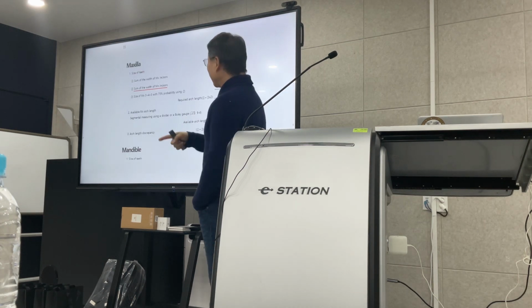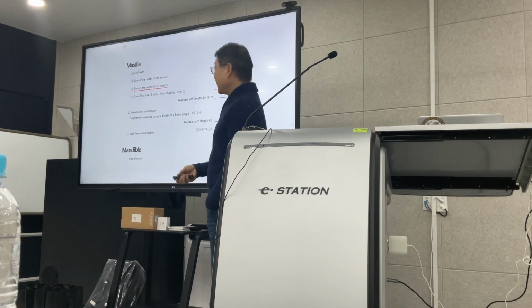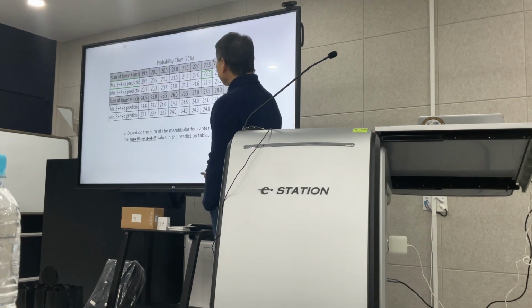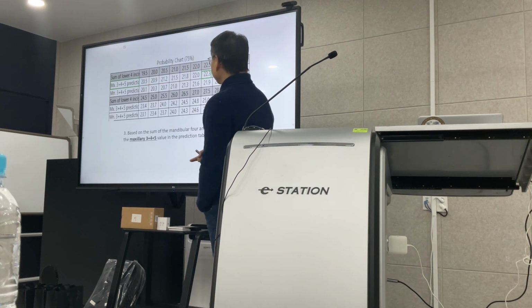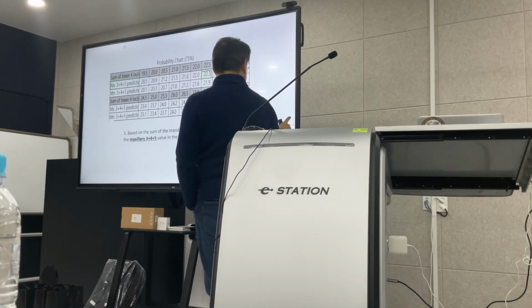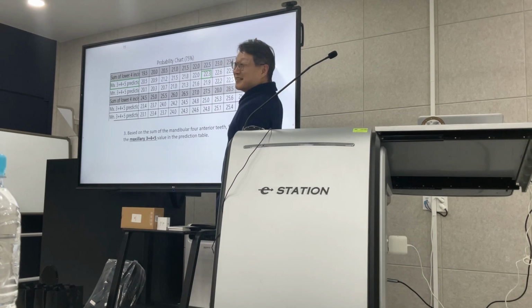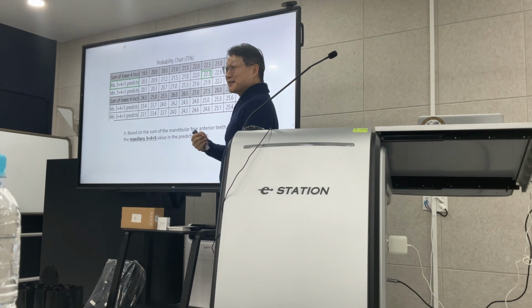You have to remember that. Number 2 is what? 27.6, right? And then, from now on, oh my God, 27.6, sorry. There is no size here, so we have to reduce the size of the mandibular four incisors.